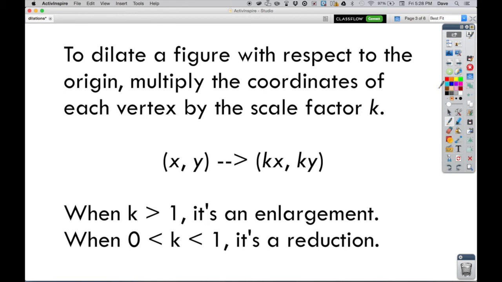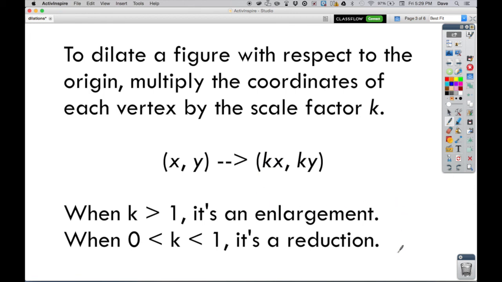In other words, what we're going to do in the next couple examples is take a shape that's already on graph paper, so each of the vertices is on some coordinate. To get the dilated version of that, you just take each of your coordinates and multiply it by some scale factor k. So if it was 3 times as big, k would be 3. If it was half as big, k would be 1/2.